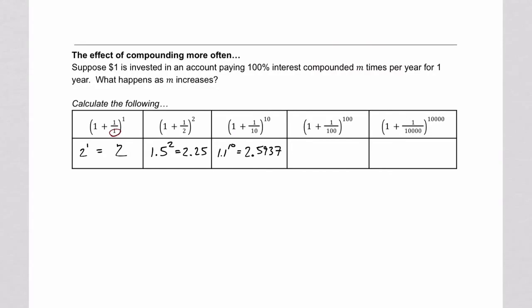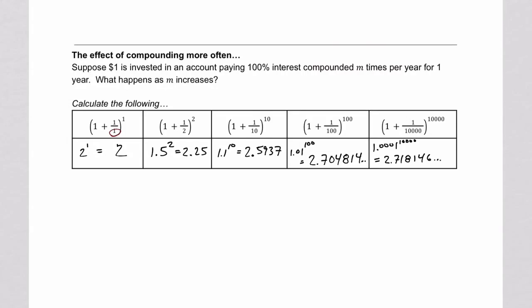And here I have 1.01 to the 100th power, which turns out to be 2.704814. And then if we jump all the way up to m equals 10,000, we get 1.0001 to the 10,000 power. And the result of that calculation is 2.71846.